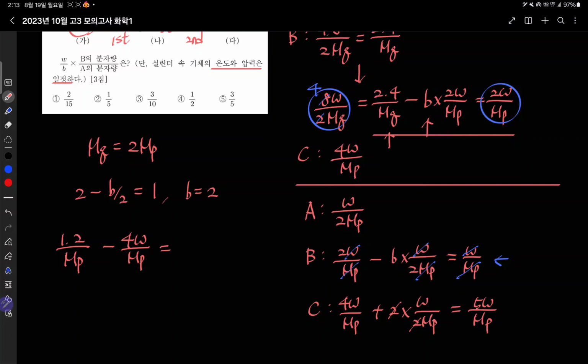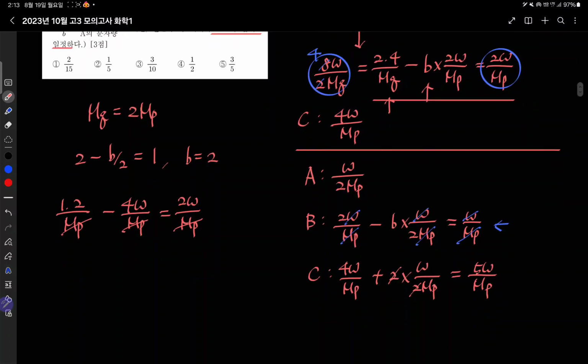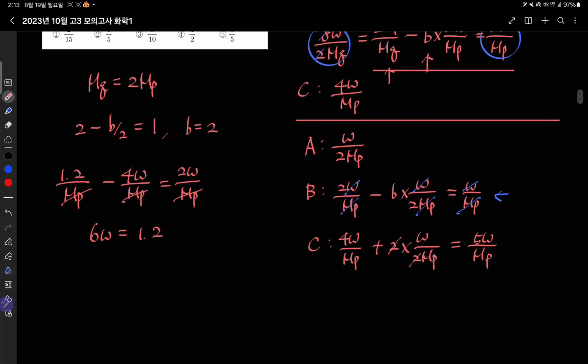That's equal to 2 times W over MP. So after cancelling MP, 6W is 1.2. So the value of W is 1/5.